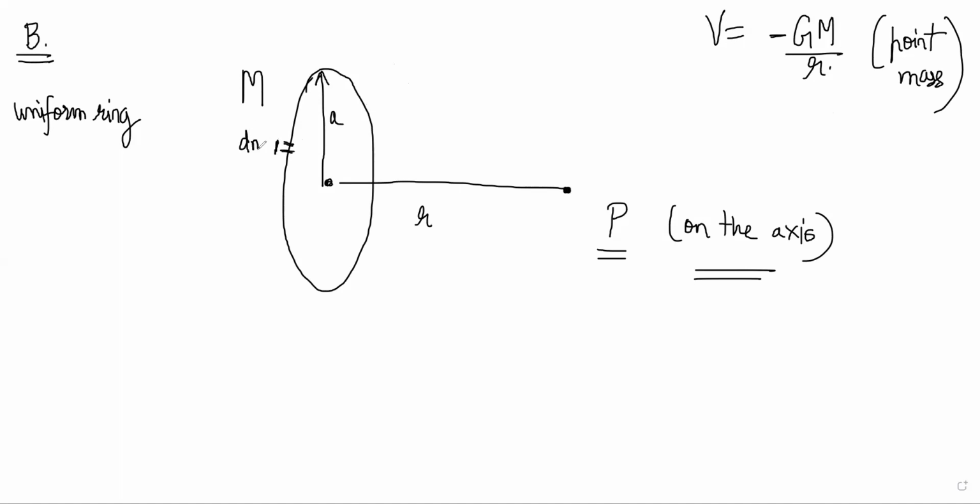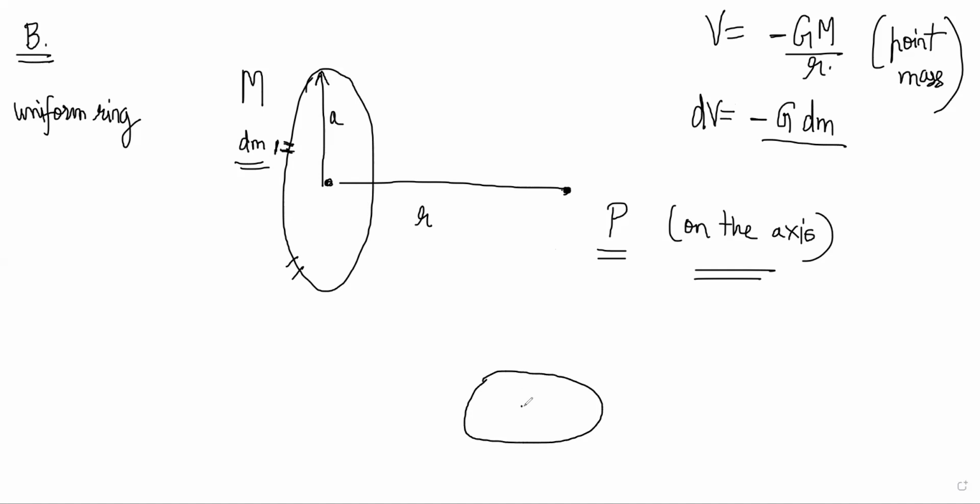It has mass dm. Similarly, there will be other portions on this whole ring. Now, due to each of these dm's, there will be some potential here, right? Yes, sir. That potential dV would be minus G dm by whatever is the distance between this dm and this P, right? Yes, sir.